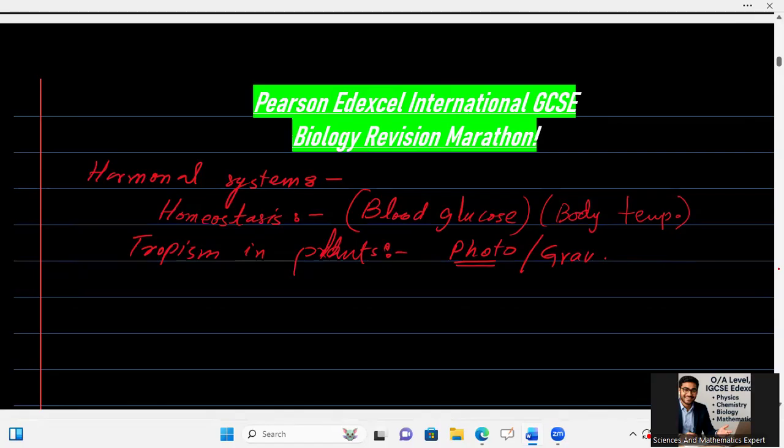They show a positive response, and roots go away, showing a negative response. So shoots grow towards the light, which is positive for photosynthesis. In gravitropism or geotropism, roots grow towards gravity for water and minerals, and shoots grow away. So positive and negative responses of tropism can be taken into account.